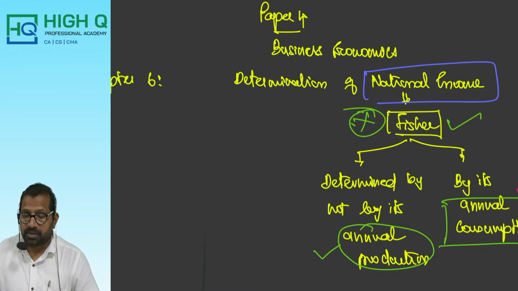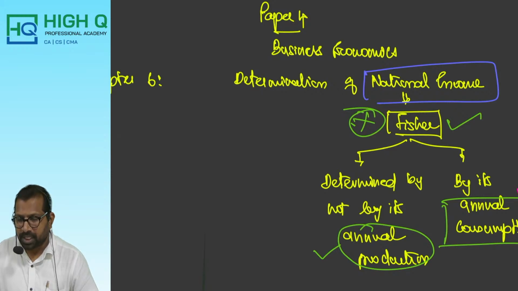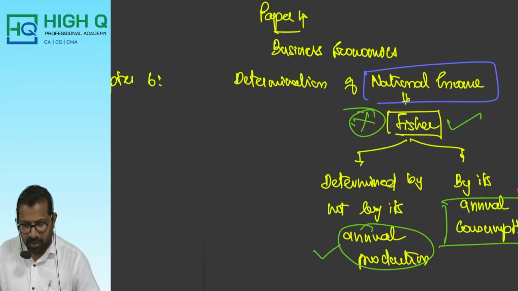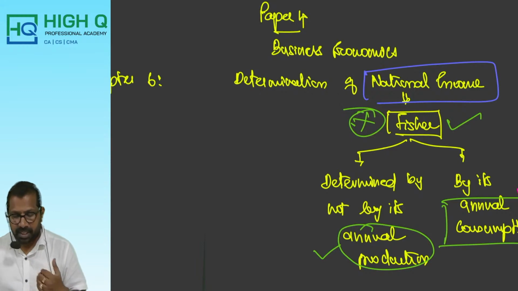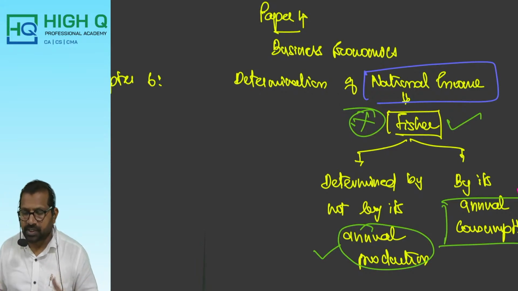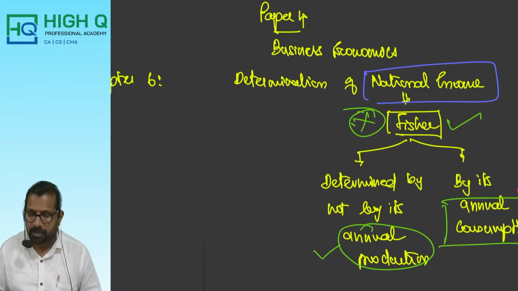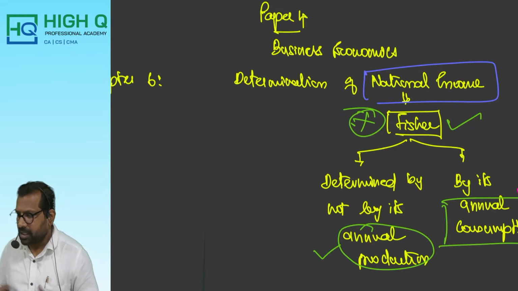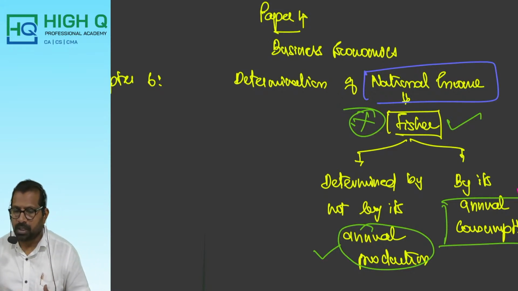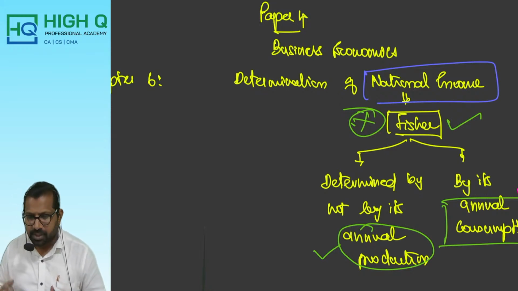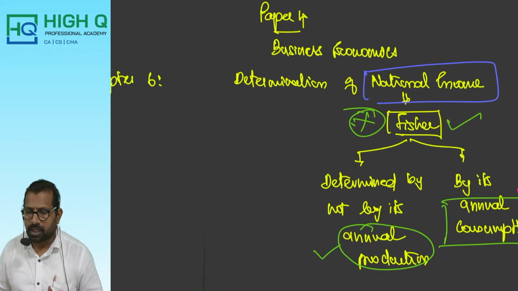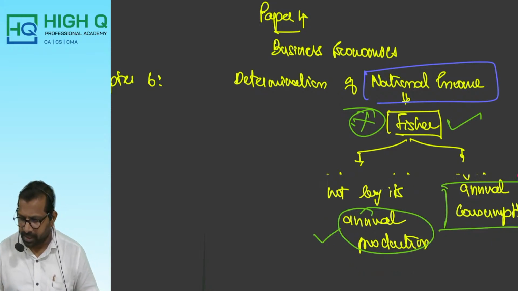The consumption determines and increases the national income of the country. So how to measure this national income? There are various factors which influence the measurement of national income. So we are going to see one by one what are all the factors used in order to measure the national income.